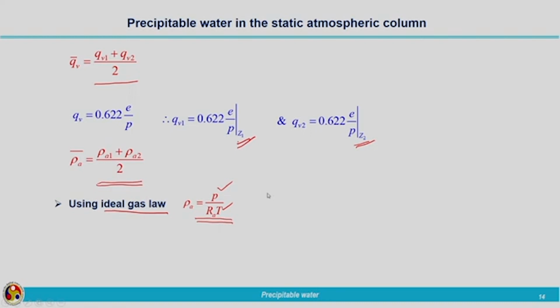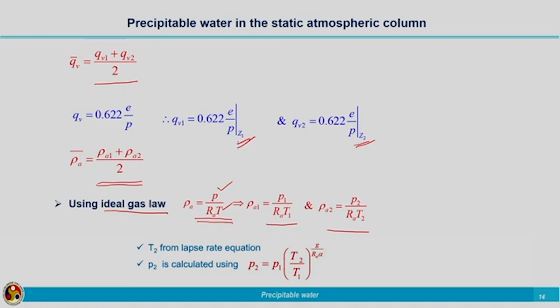So, rho A1 is obtained using the expression P1 by RA T1. In a similar way, rho A2 is given by P2 divided by RA T2.